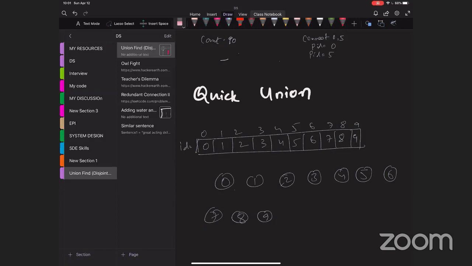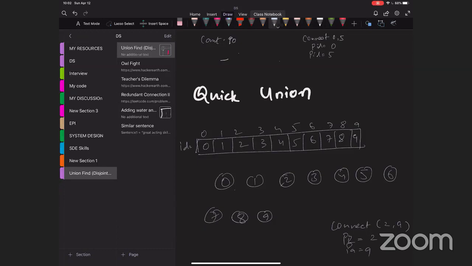In the previous one, when we said connect 2 to 9, p2 is equal to 2 and p9 is equal to 9, and then we go through the whole array, and wherever there is 2, replace it with 9, right? And that's why we got O(n).